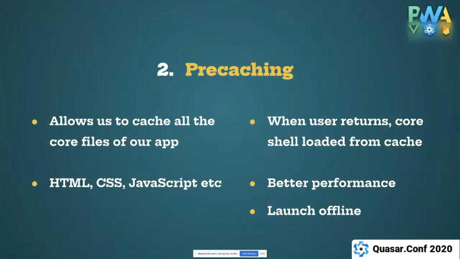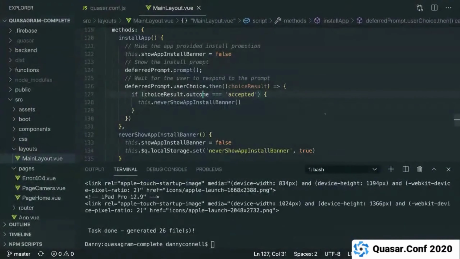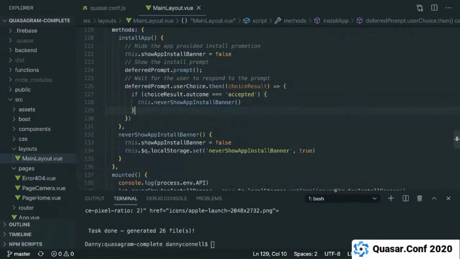So how do we set up pre-caching? Just jump to my code. So without Quasar and without Workbox, and Workbox is Quasar's progressive web app service worker tool of choice, which makes it really easy to work with service workers.